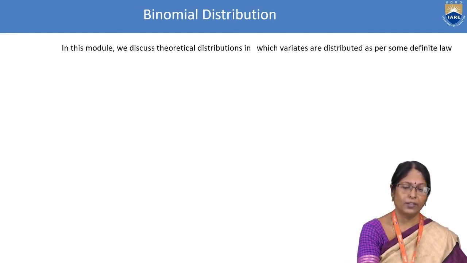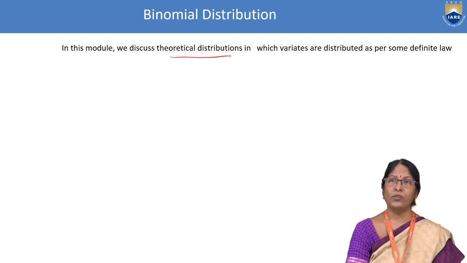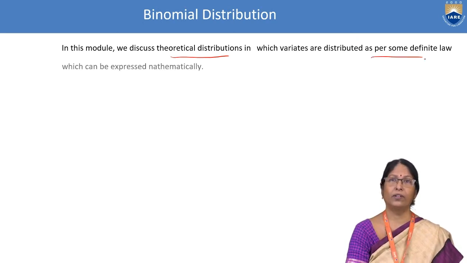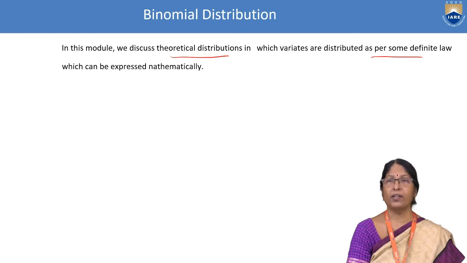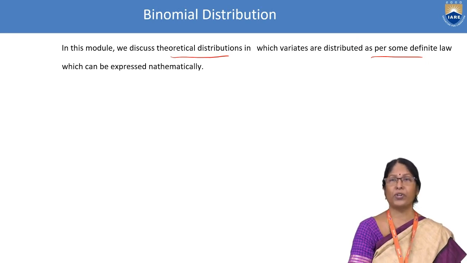Some theoretical distributions are those in which the variates are distributed as per some definite law, which can be expressed mathematically. That is, theoretical distributions obey a mathematical law.